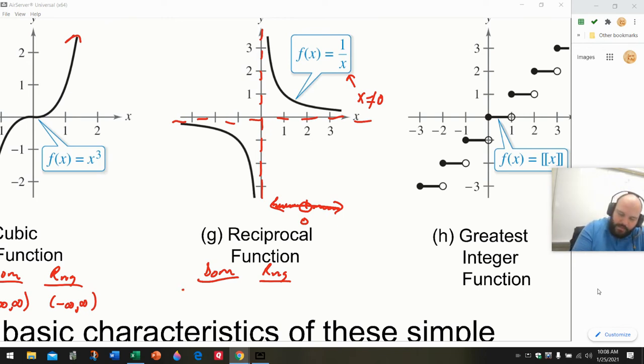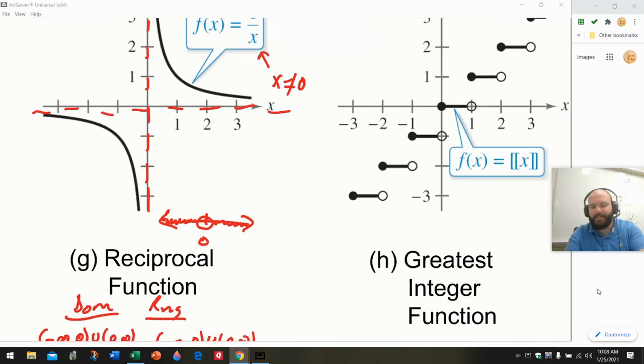So the domain is going to be negative infinity to 0 union 0 to infinity. So basically what that's doing is it's starting from here, it's going over, skips over 0, and then keeps going. Okay, the same exact thing for the range because it also skips over 0. So negative infinity to 0 union 0 to infinity, just like that.